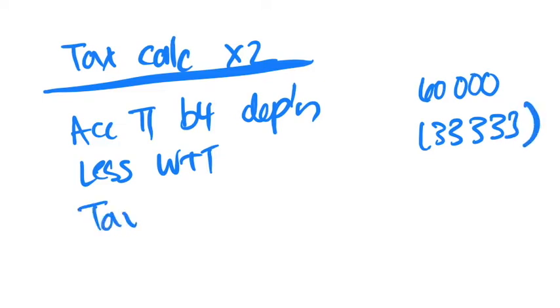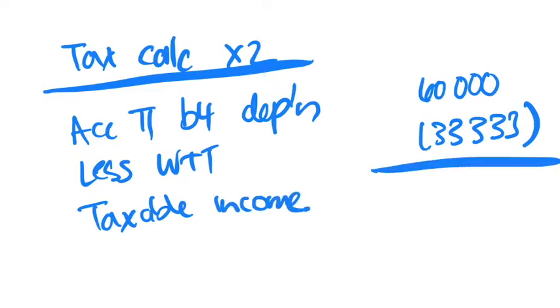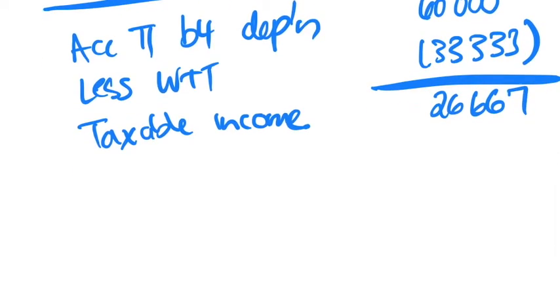So that brings us to a taxable income, okay, or a tax profit of 26,667. Okay, so that is our taxable profit. Now, we're not going to calculate tax on that because we first need to consider the fact that we have a tax loss that is being carried forward.